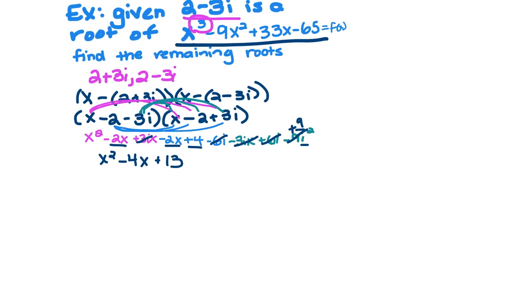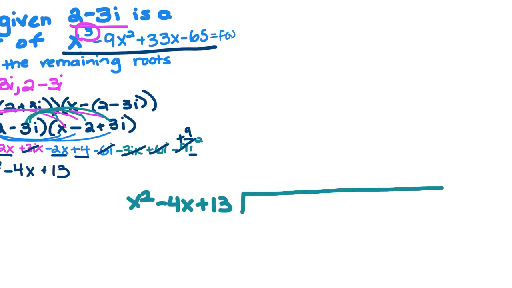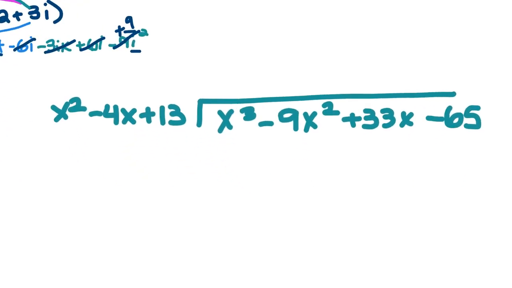So I'm going to use long division. I'm going to do x squared minus 4x plus 13 divided into my initial function. Make sure it's in order of decreasing degree, which it is, and make sure there are no terms missing, which there are not this time. And then we're going to divide this out.